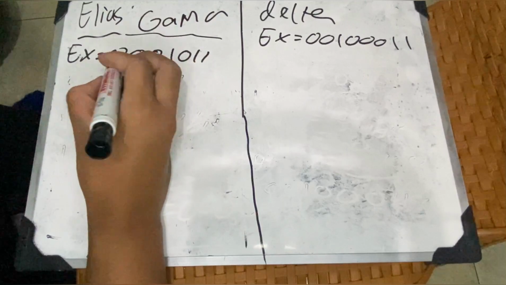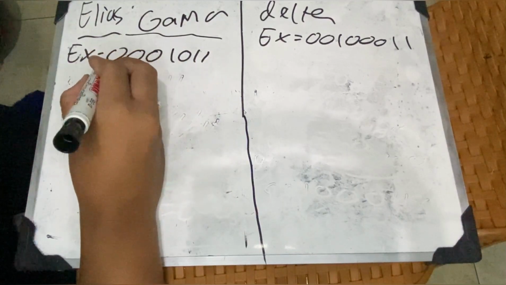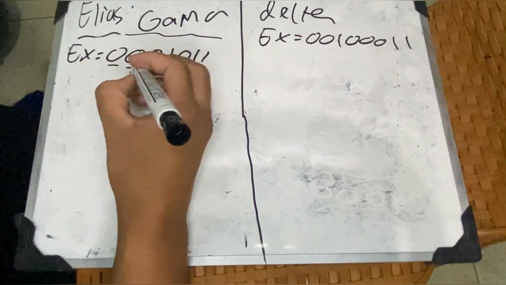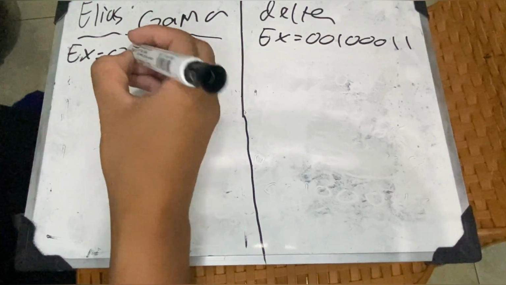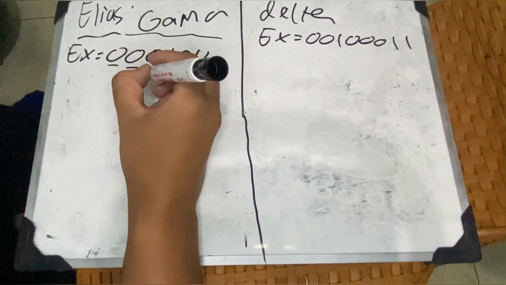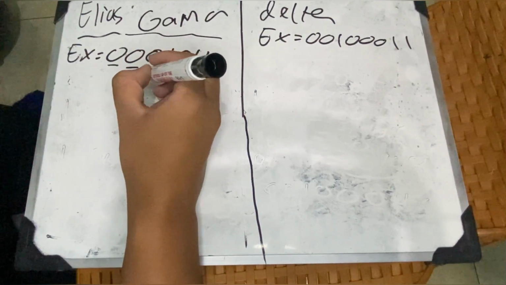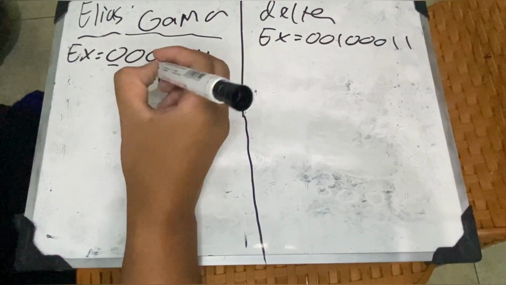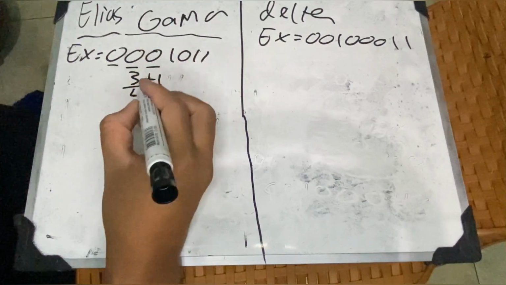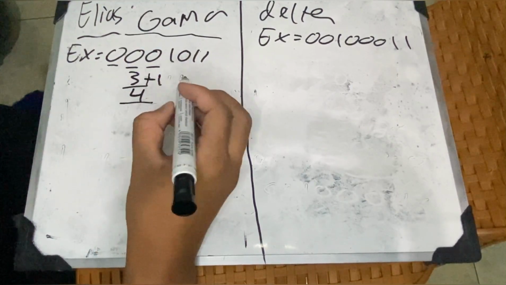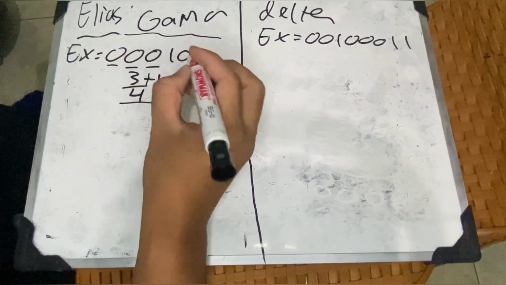In this example data, there are 3 zero bits until we meet bit 1. Because the 0 bit count is 3, we add 1 to this number, so it becomes 4. This number 4 is the number of bits that we have to check.